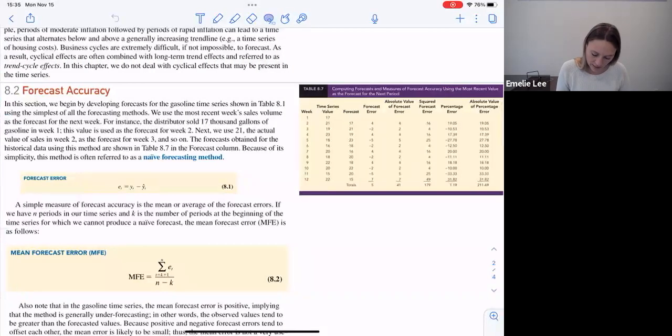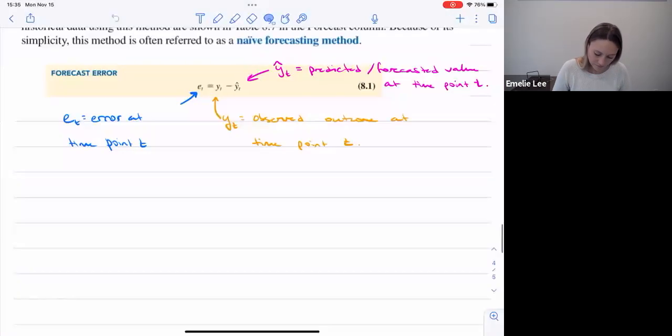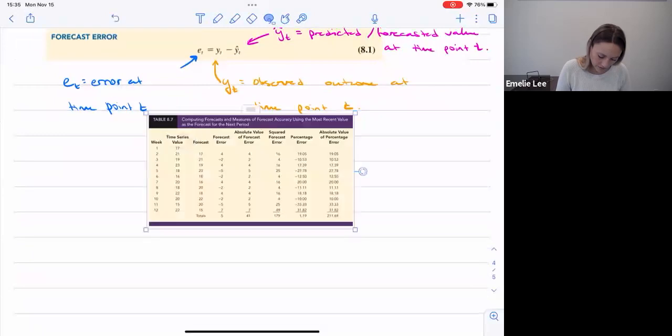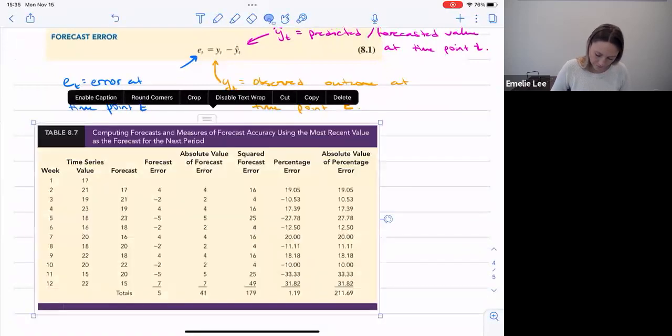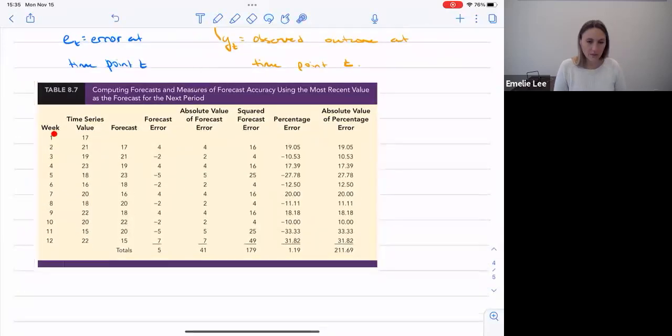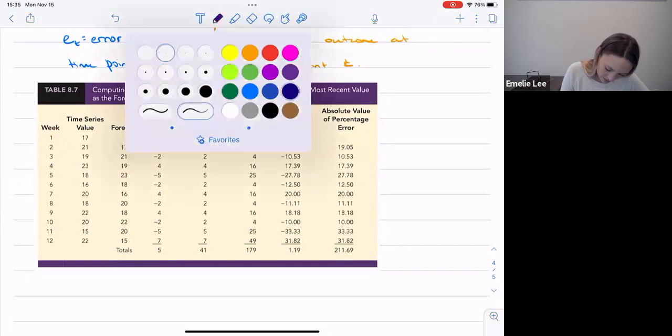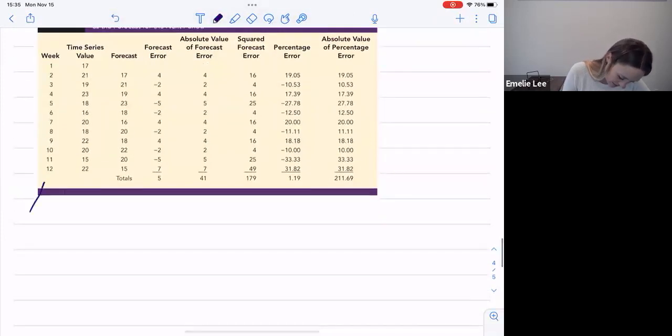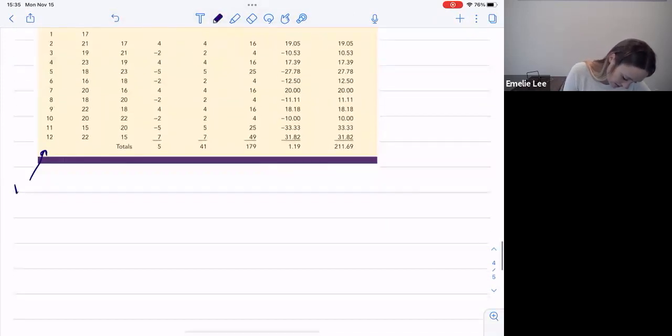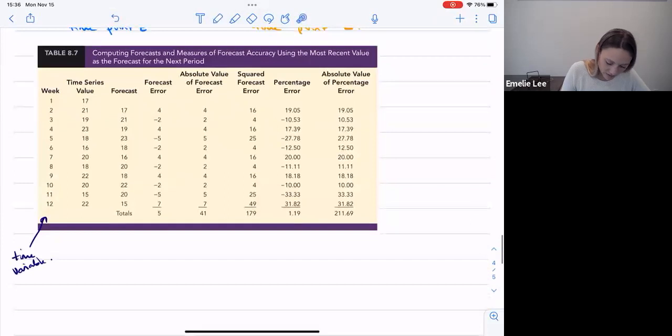So if we have a look at this data here, we have the week. So here, week is the time variable. Not to be confused with the time series value.